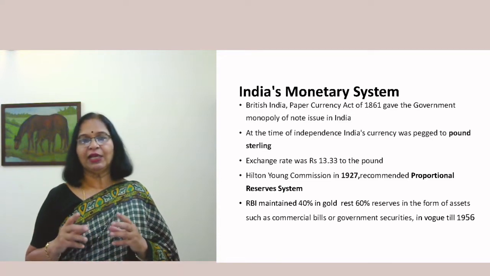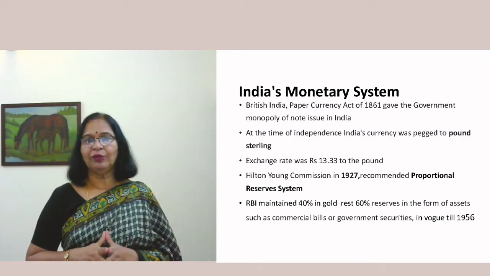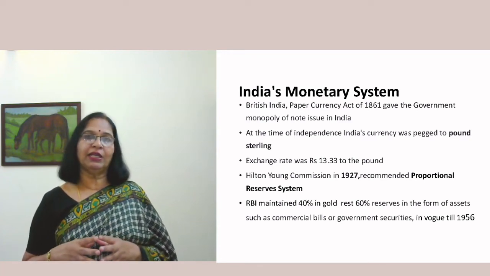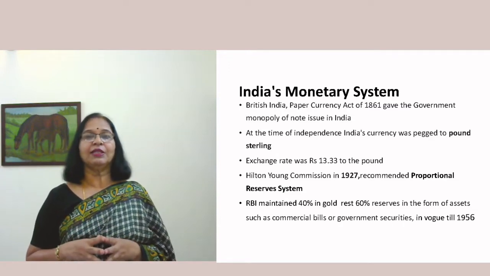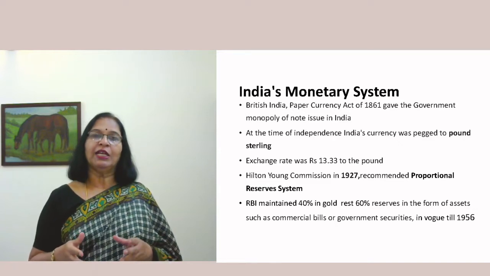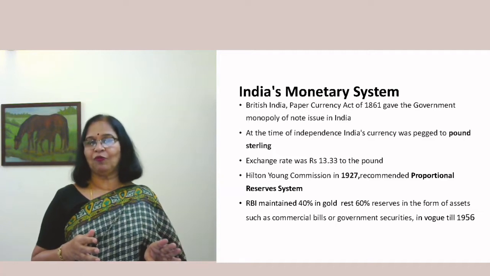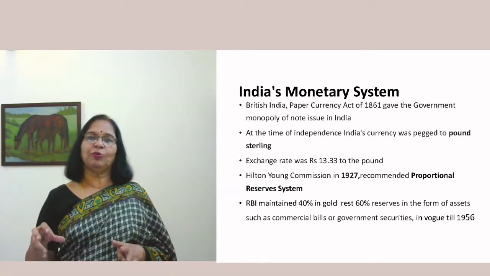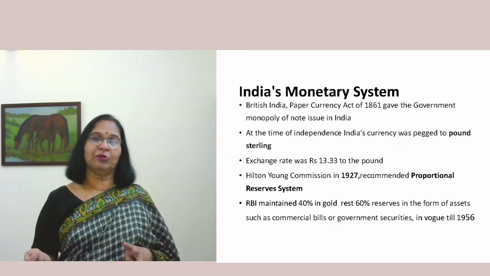Then we find that in 1927 there was the Hilton Young Commission, which recommended that India adopt the proportional reserve system. Under the proportional reserve system, for every currency that was to be printed, it would have to keep 40% in terms of reserve, in terms of gold, and 60% had to be kept in terms of government securities and commercial bills.